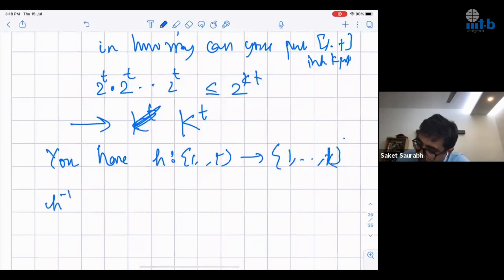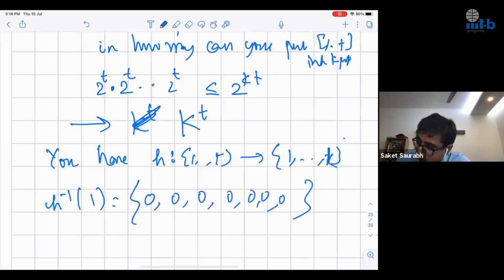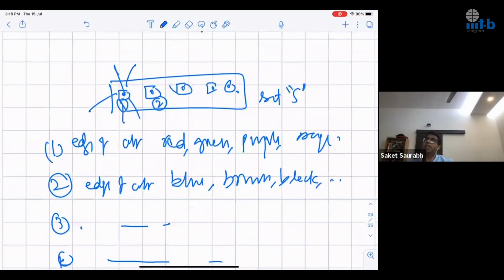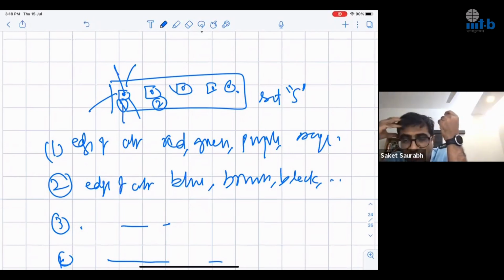I say, look at H inverse of 1. Which all colors are here? Which is same as, now you know, okay, so there is a vertex which has color red, green, purple, red. Can you now check, is there a vertex which has an edge incident which is red, green, purple, orange? Can I check this in polytime?